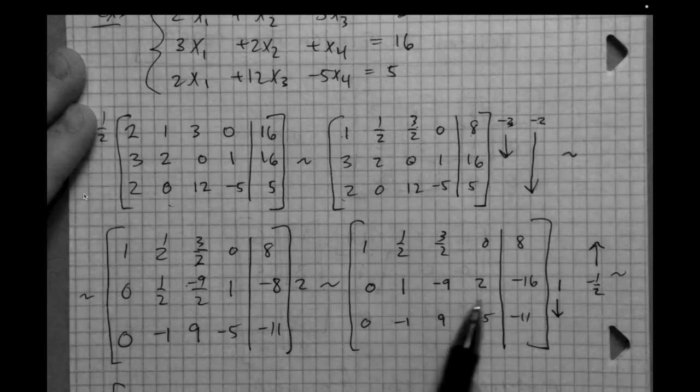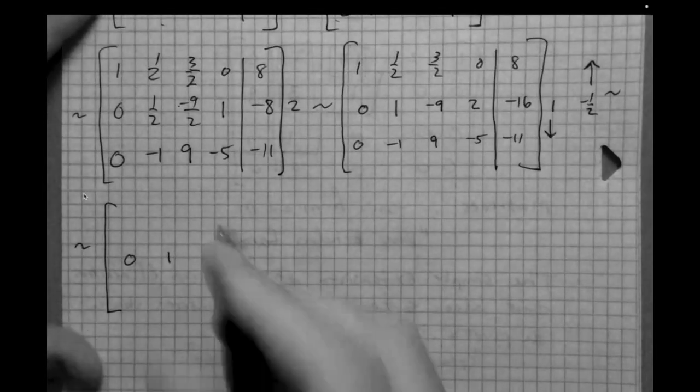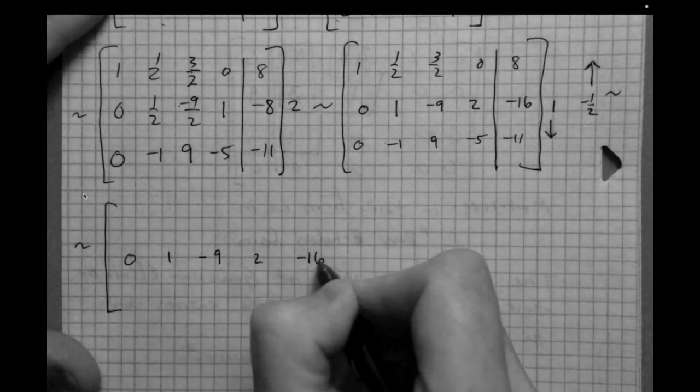So if you're working from left to right, your work that you've already done should be safe and should remain unchanged because you should have all 0 entries in your pivot rows as you move to the right. Okay, so that's a nice thing. This wouldn't quite work if that weren't the case. Okay, so in this case, our row 2 is going to remain unchanged. So let's write that in. So 0, 1, negative 9, 2, and negative 16.